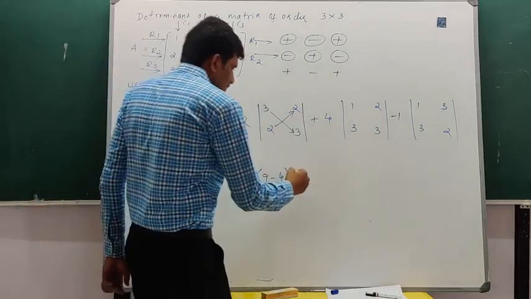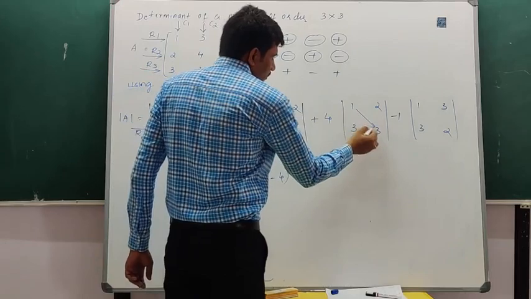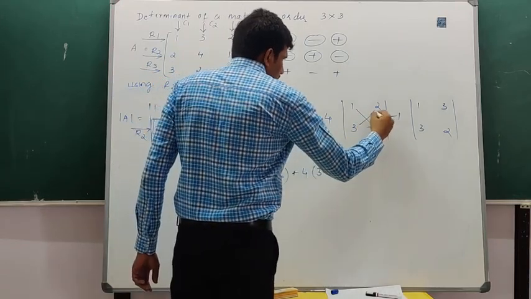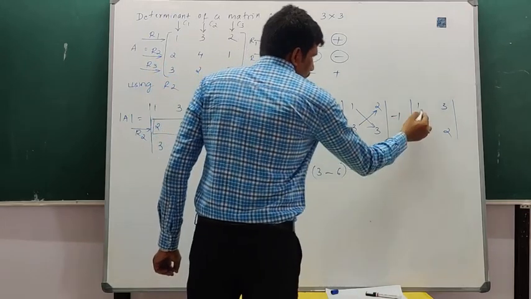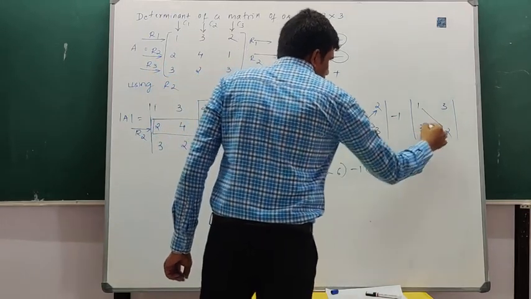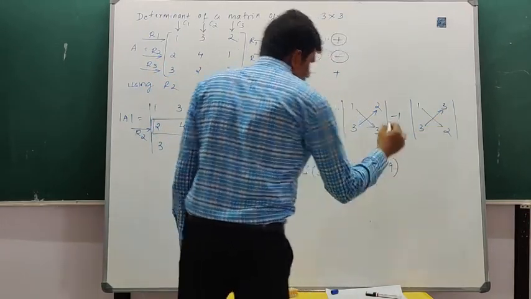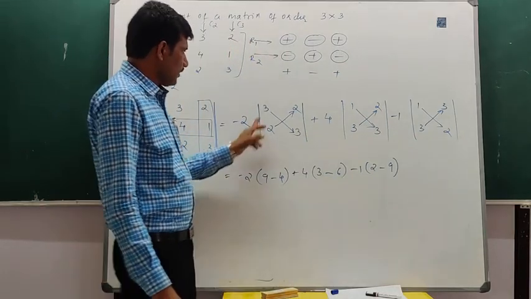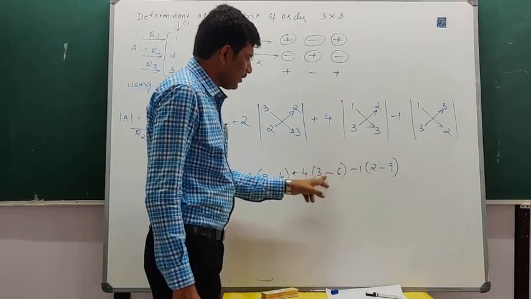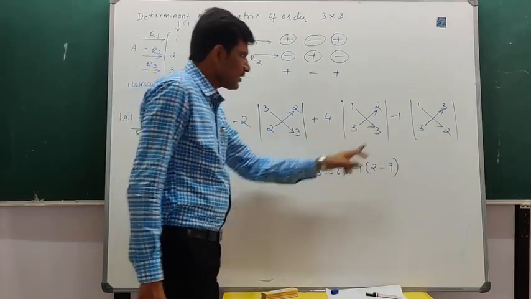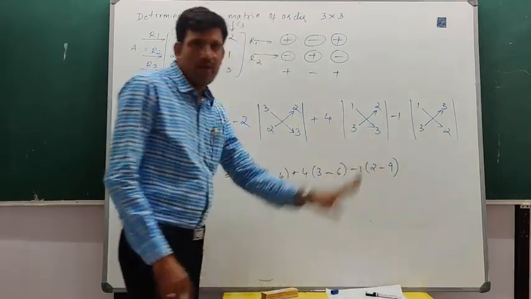Right? So plus 4 into, now 1 into 3 is 3, minus 3 into 2 is 6. Right? So minus 1 into, 2 minus 3 into 3 is 9.